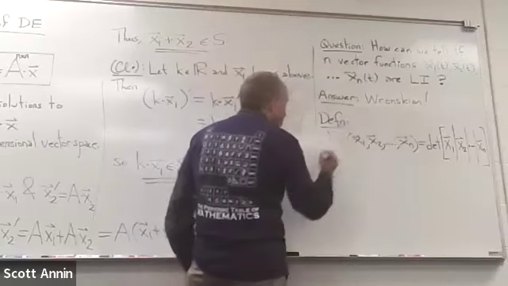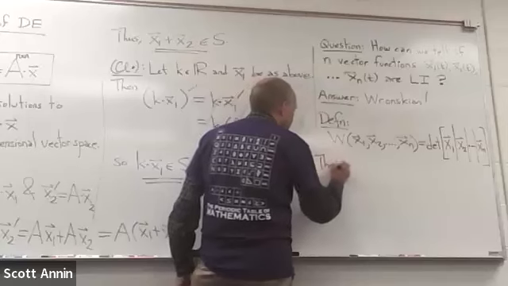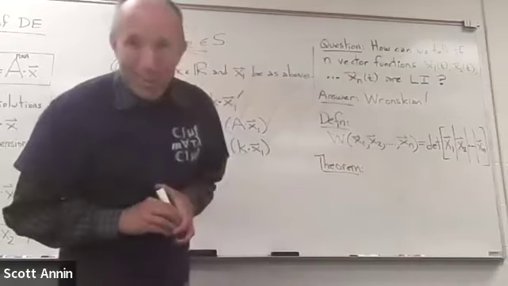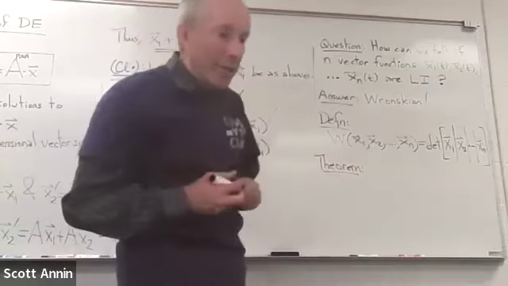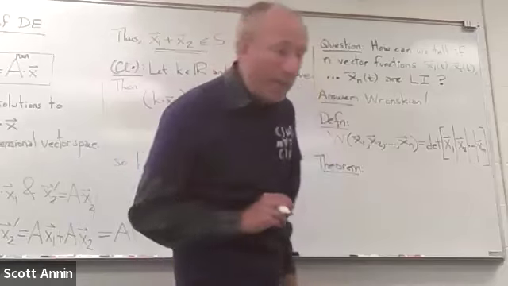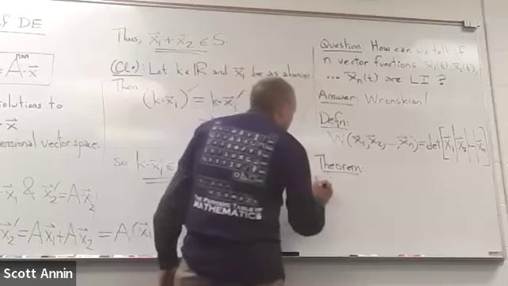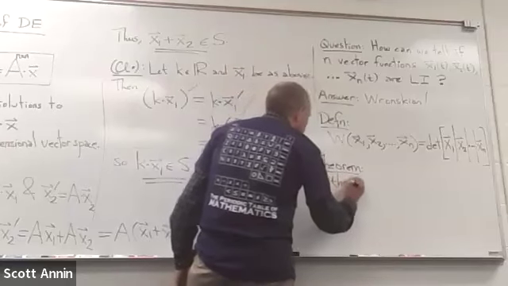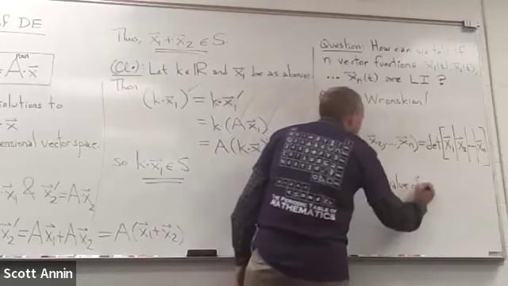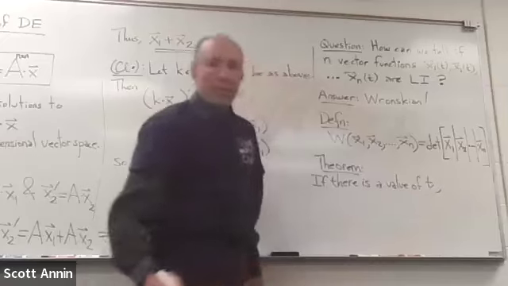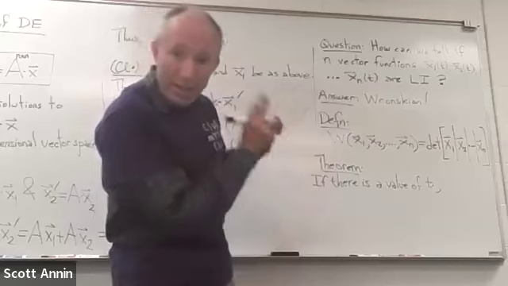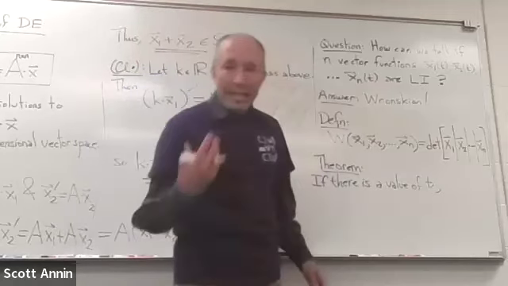And then if we are willing to accept that definition of the Wronskian, we're going to get a theorem that should look very familiar to you, because the result is basically the same. Namely, it's the same result as we had for the earlier Wronskian: if there is a value of t, now the previous Wronskian was a value of x, but here the unknown function is generally written as t.